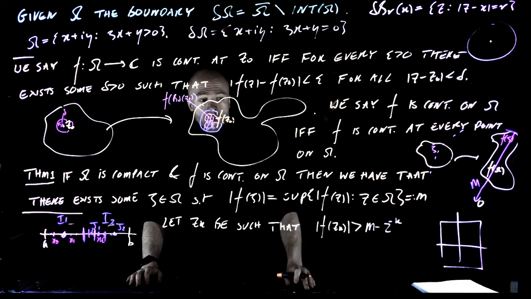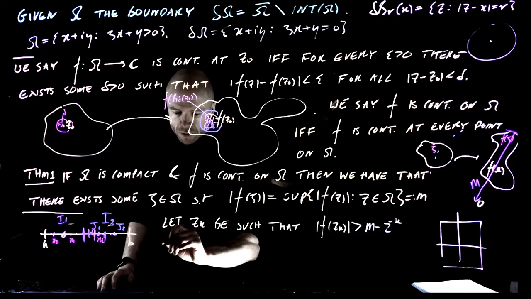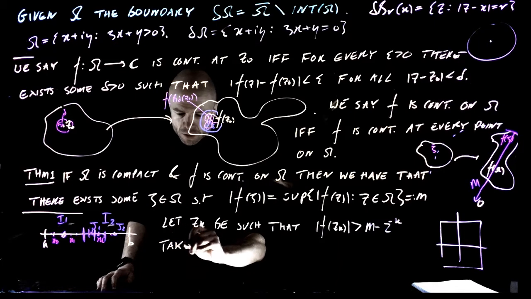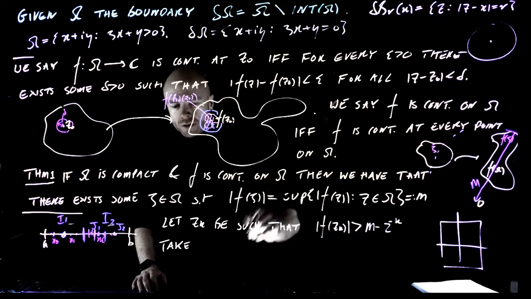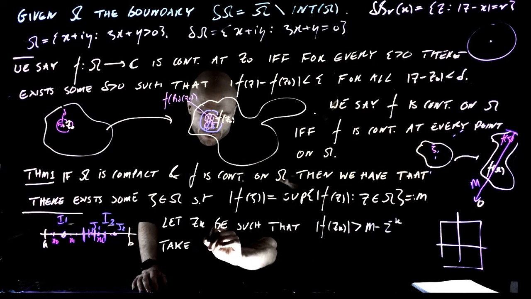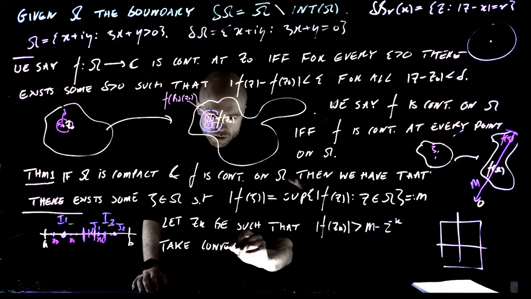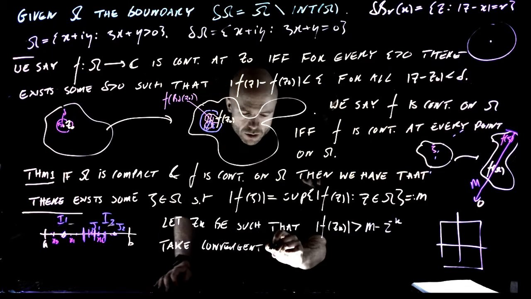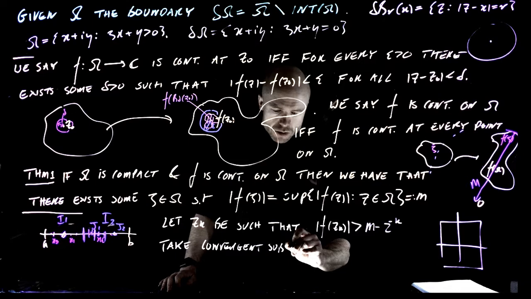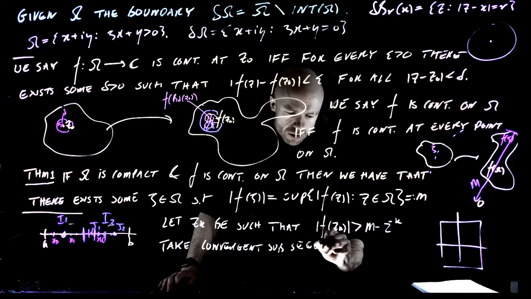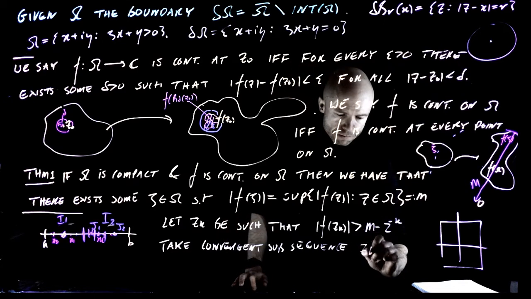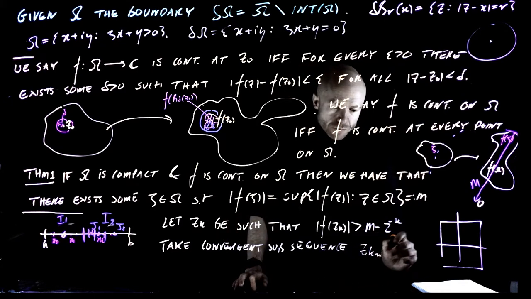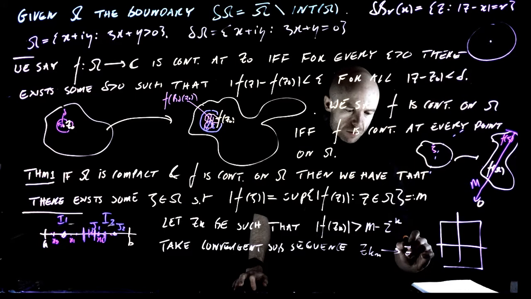And then take a subsequence that converges, because this is inside a compact set, it has a convergent subsequence, which will converge to some z, which will belong to omega.